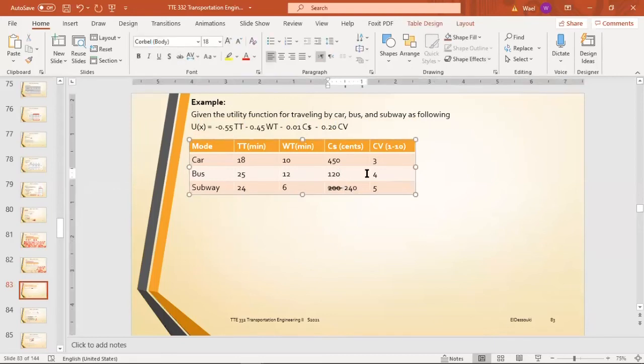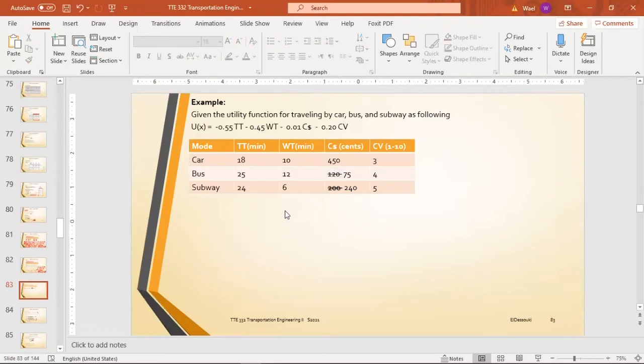And the cost of using the bus, we are going to make it maybe 100 cents or 75 cents. So we are reducing the cost of using the bus, increasing the cost of using the subway.